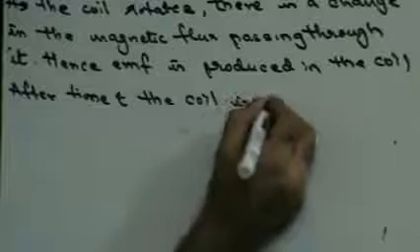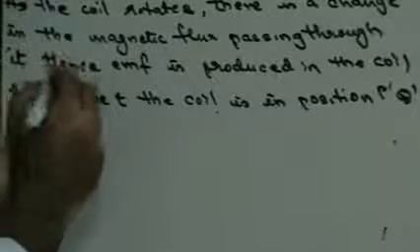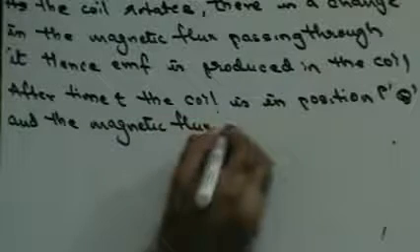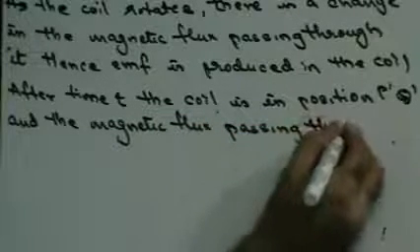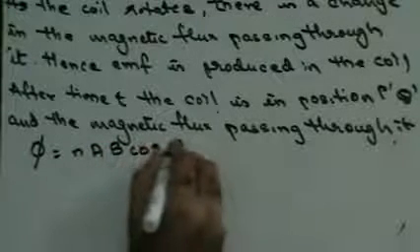Now, after time t, the coil is in position P bar Q bar, and the magnetic flux passing through it, since it has already rotated through an angle of theta and is no longer perpendicular to the magnetic field, is going to be phi equals NAB cos theta.